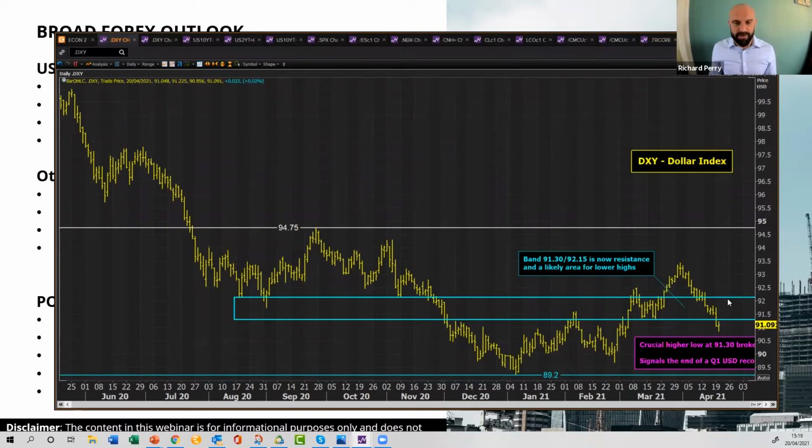So how the dollar reacts around that area would be really important. If the dollar starts to stumble around that area, we could well see at the very least ranging and potentially renewed selling. But my expectation is that if the dollar gets back above 91.30, we could start to see more of a ranging play forming, and that could be a feature of May.